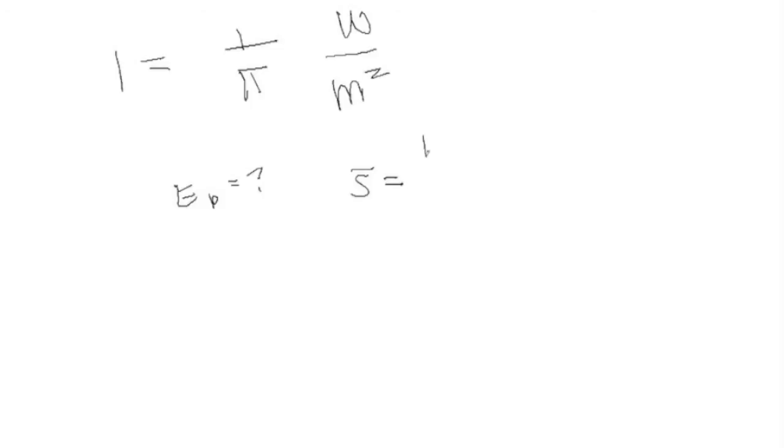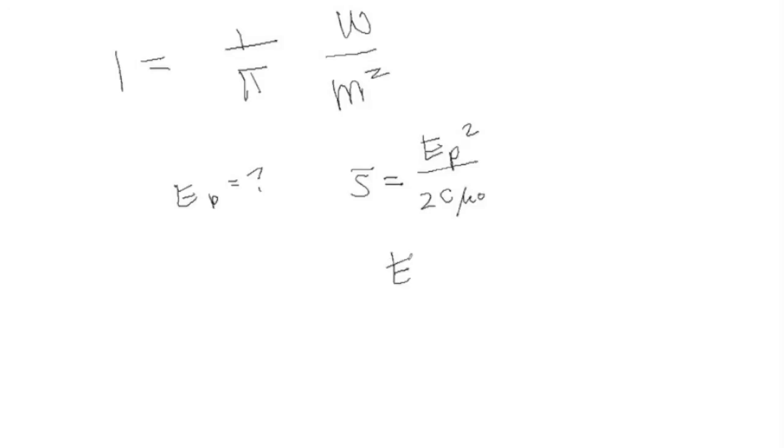So we had that our intensity was 1 over pi watts per meter squared, and we want to find EP, and we know that the equation is S bar equals EP squared over 2C mu naught.